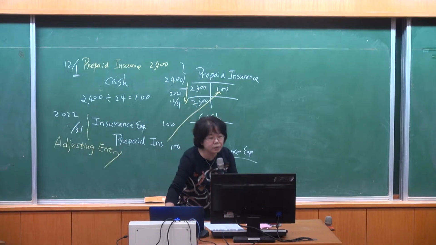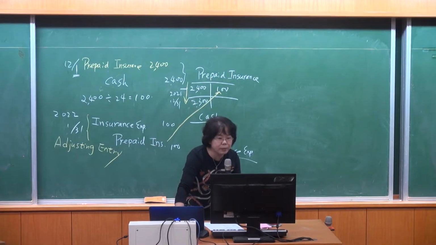Okay? So here, on the accrual basis, 100 insurance expense is recognized in 2021, and for total $1,200, and the rest there are 11 months to 2023.